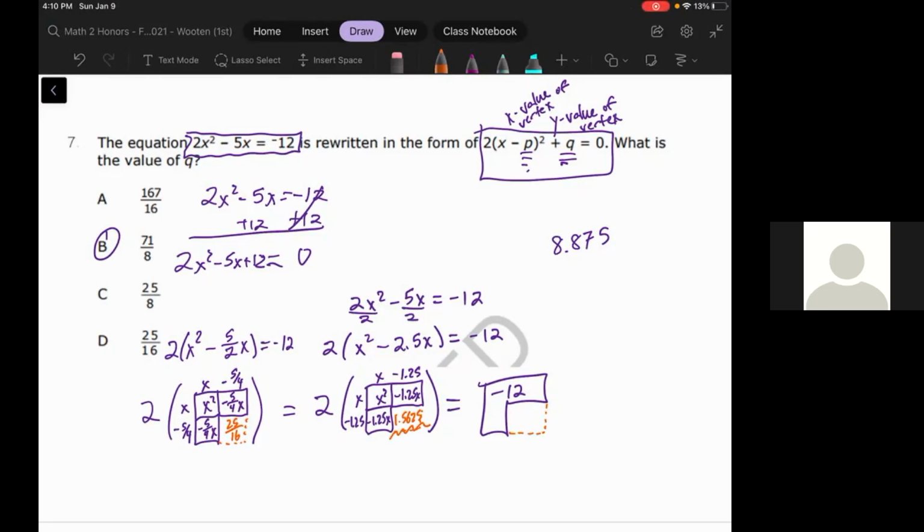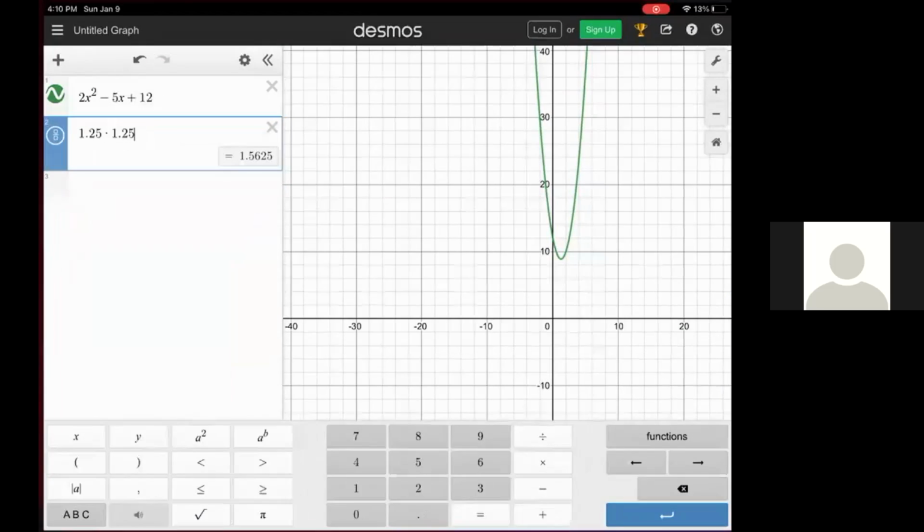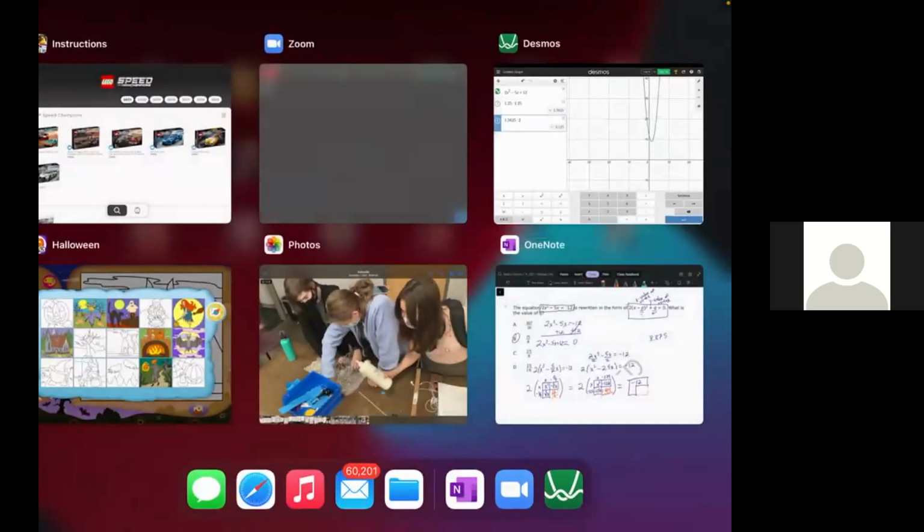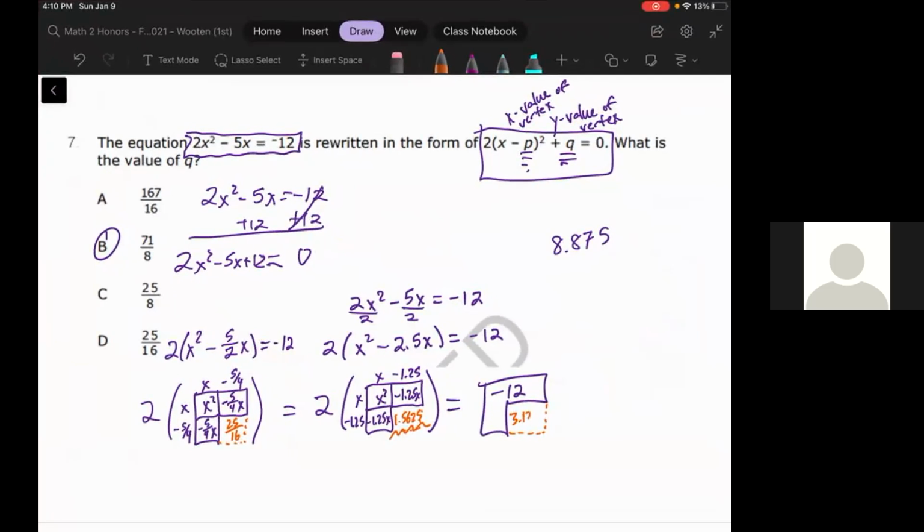If I double that, 1.5625 times 2 makes 3.125. So that would go in here. Or if I took the fraction form, the 25 over 16, double that, you get 50 over 16, like that.